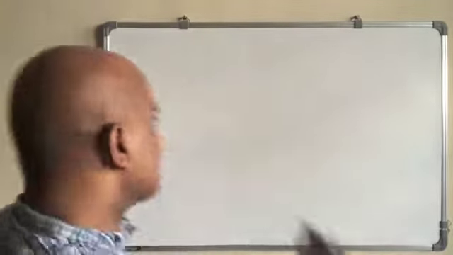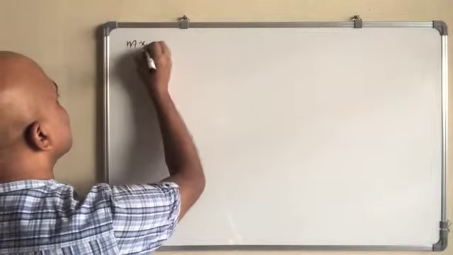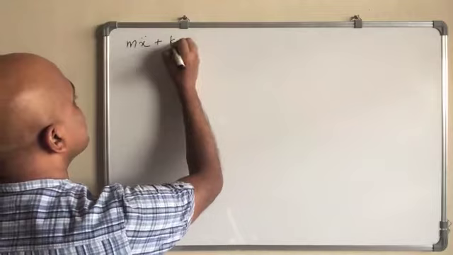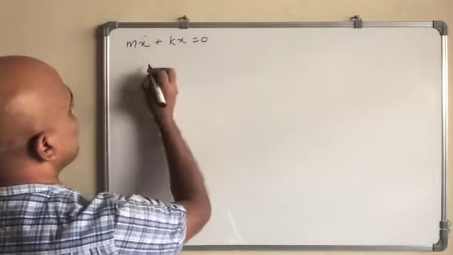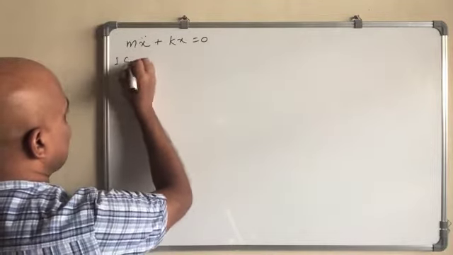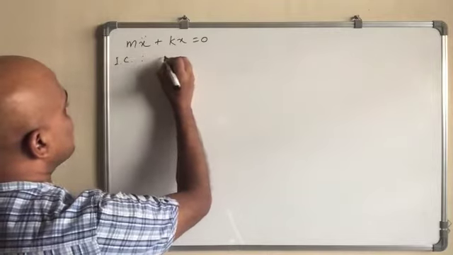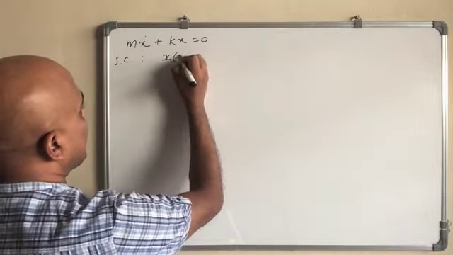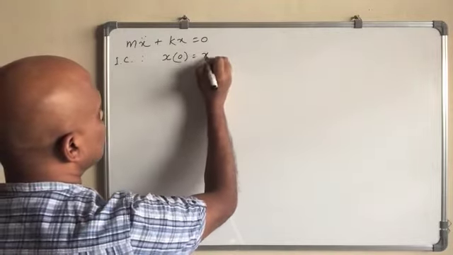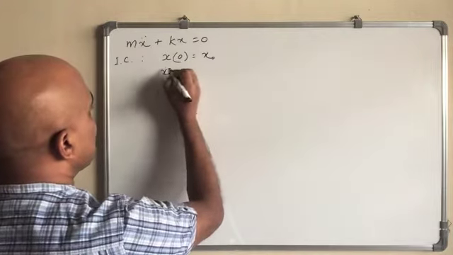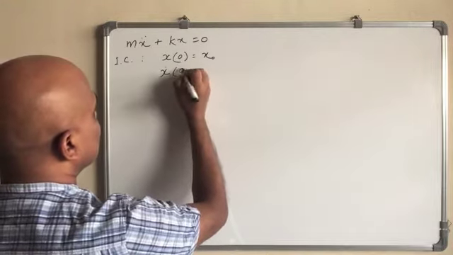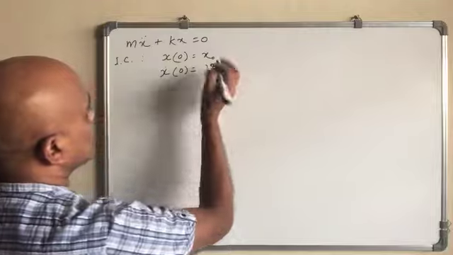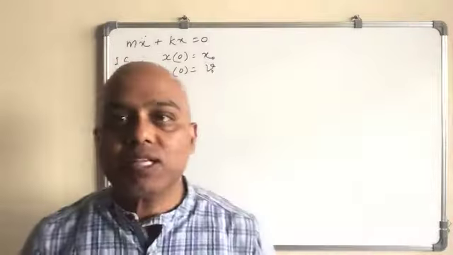So again, our equation is m x double dot plus k x equal to 0. The initial conditions are also given: x at t equal to 0 is x naught, and x dot at t equal to 0 is v naught. So this is what is given to us.